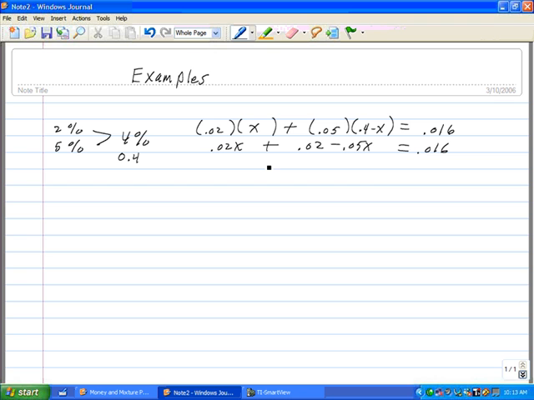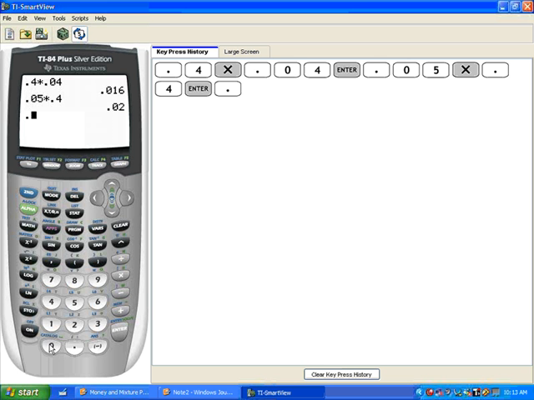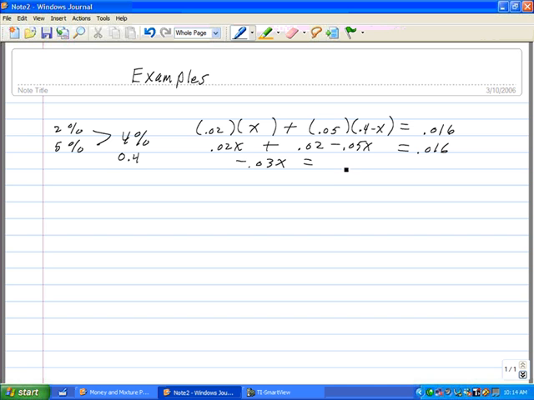Now the reason this one was a little bit different is when you combine these like terms, you're going to end up with a negative coefficient on the x, which actually is okay, because when I do the other subtraction on the other side, the 0.016 subtract off the 0.02, I again get a negative result.